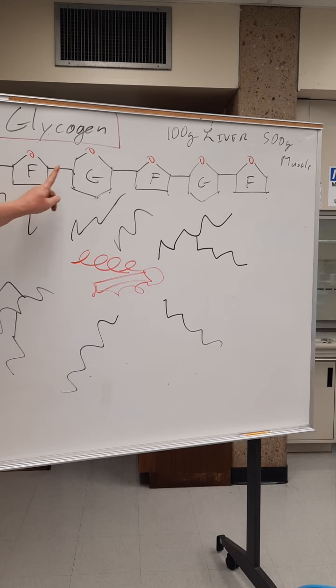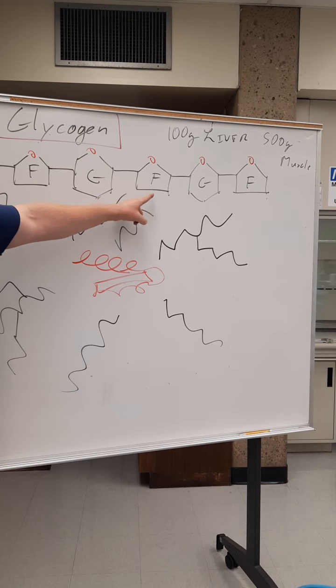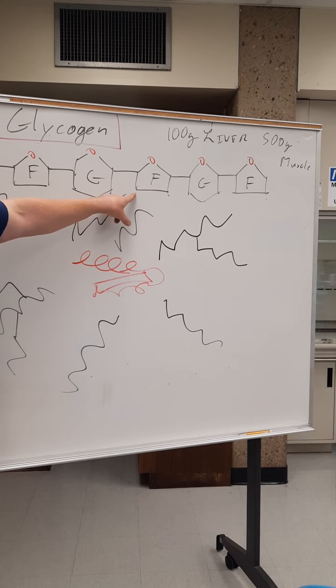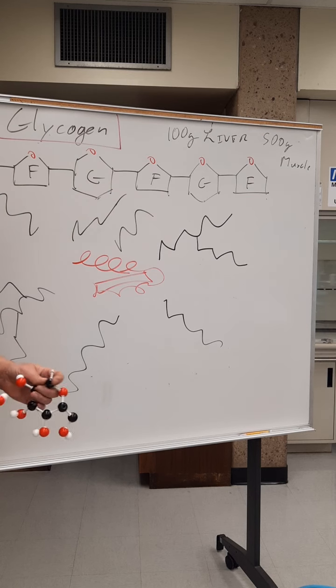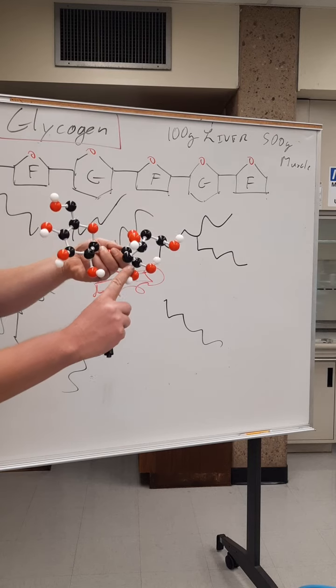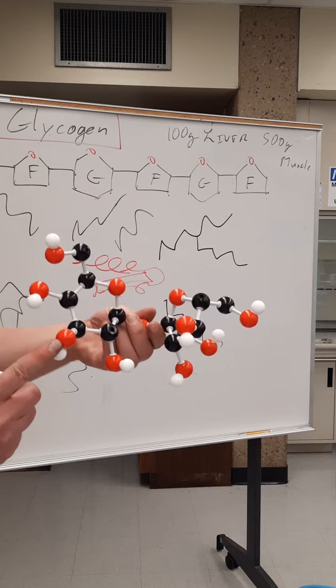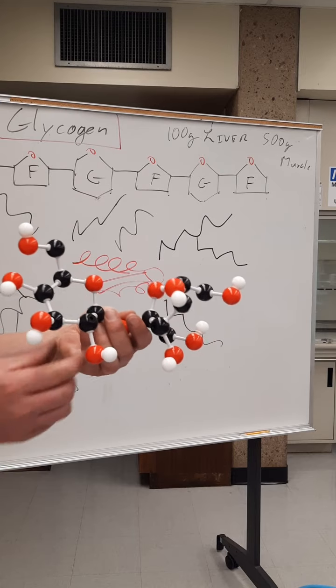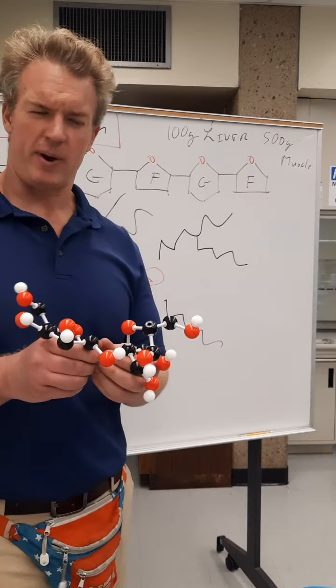This picture up top is meant to show how glycogen is a polysaccharide of sucrose units. Remember, the disaccharide sucrose is a combination of a fructose and a glucose molecule. It's almost like a superpower.